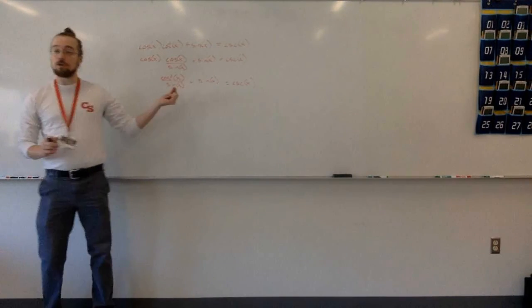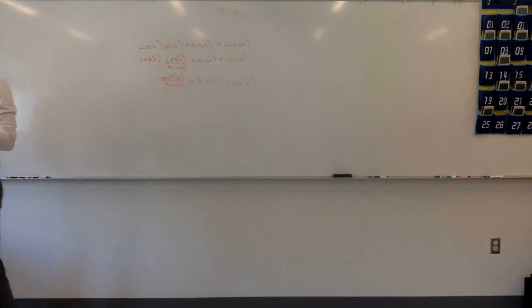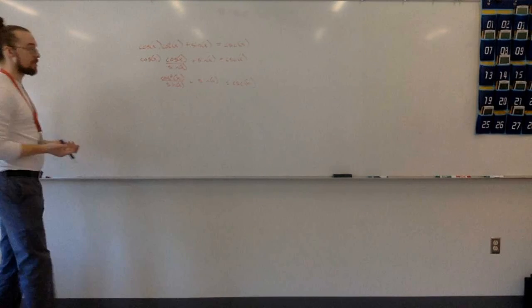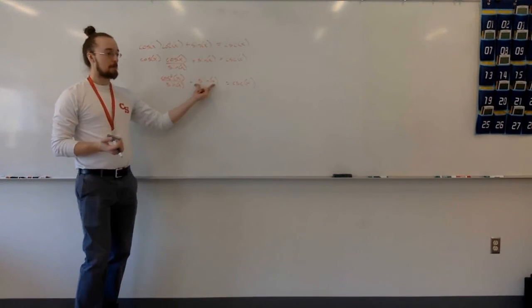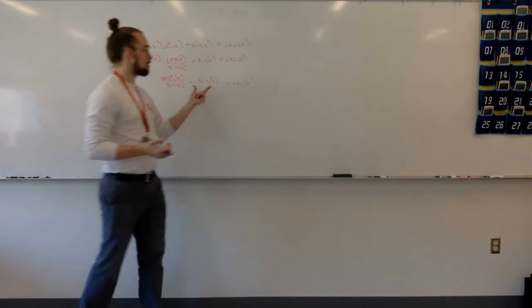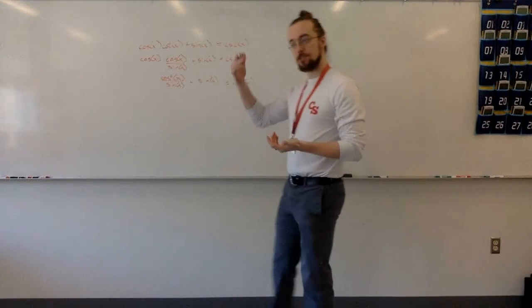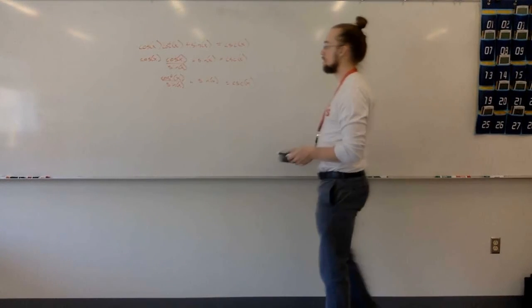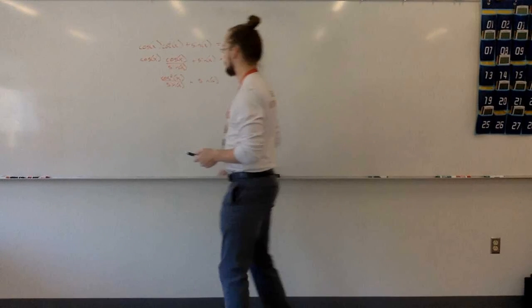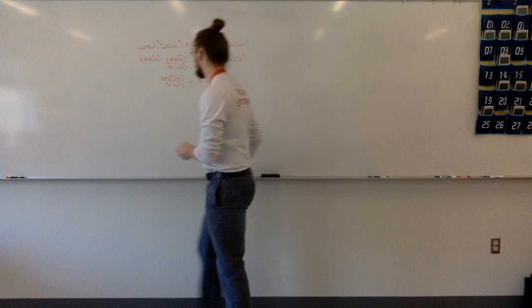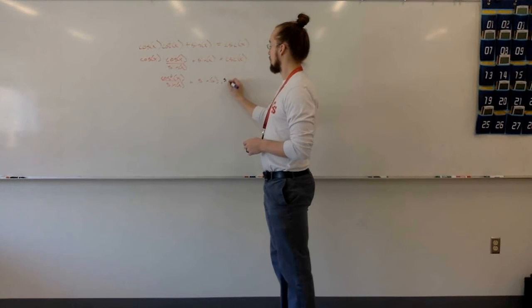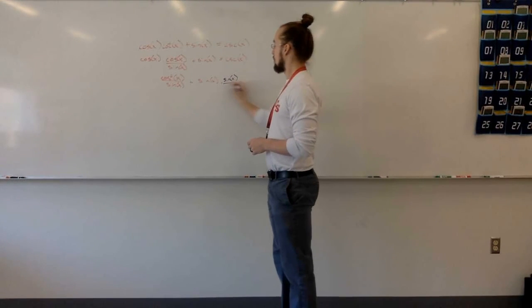Yeah, we've got two terms here. Let's try to add them together. To do that, we need common denominators. So this term here, I can multiply by sine over sine.